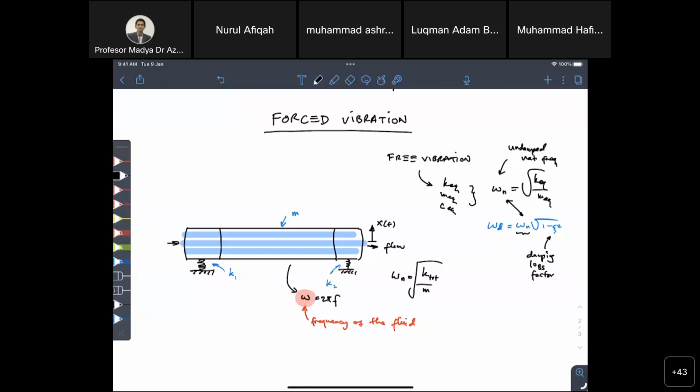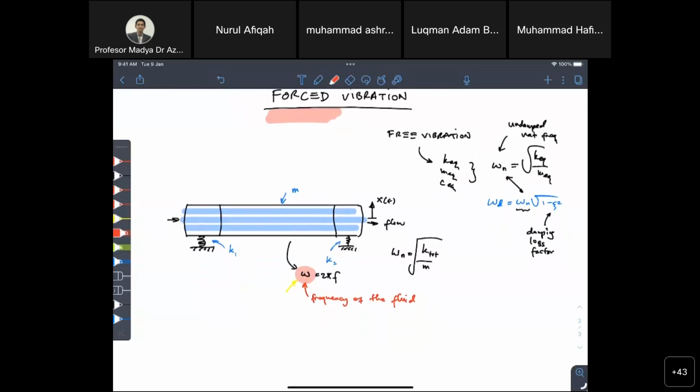Because the pipe is forced to vibrate with the frequency of the fluid, that's why we call it forced vibration.